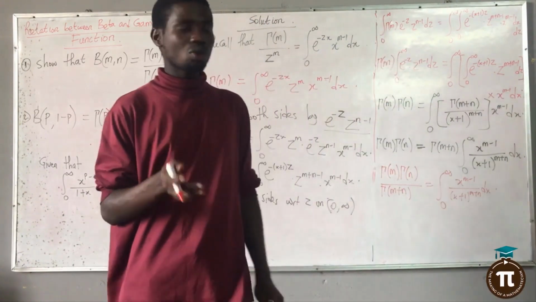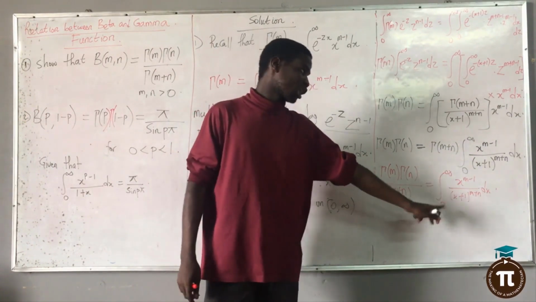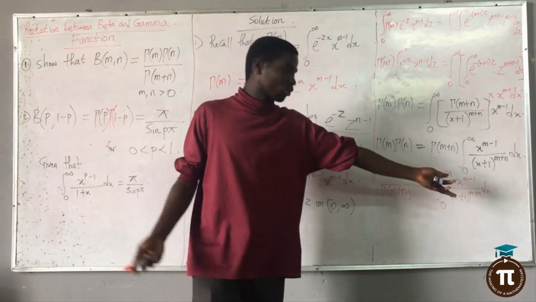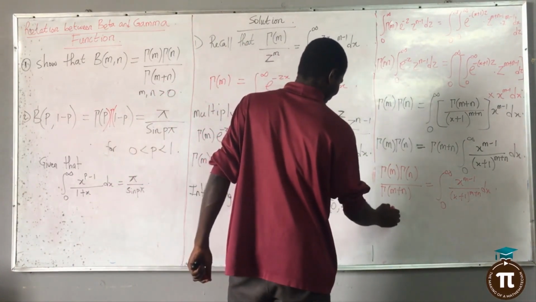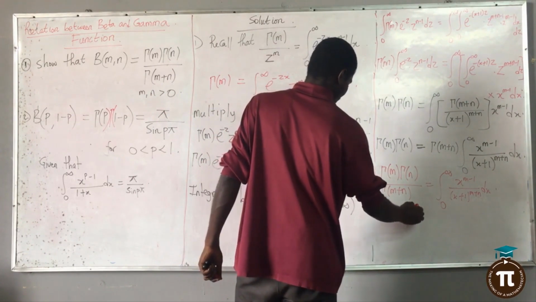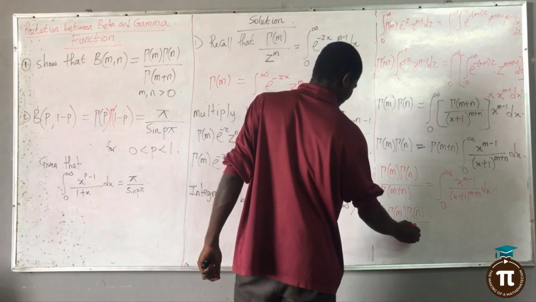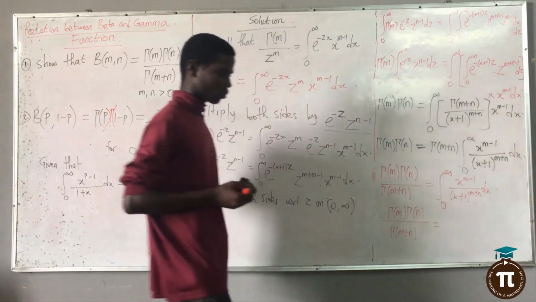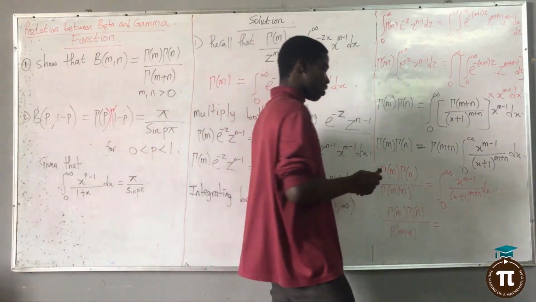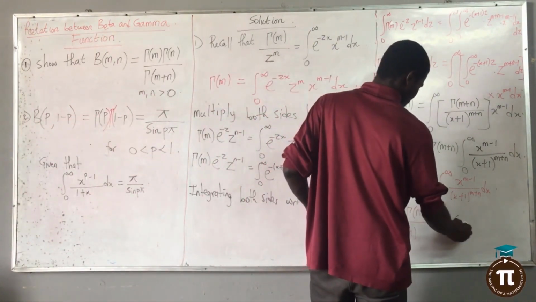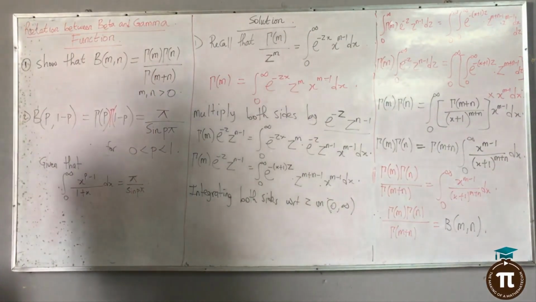If you look at form 2 of the transformation of the beta function, you will see that this is exactly beta of n comma n. So therefore, I have gamma of n over gamma of n plus n equal to beta of n comma n, and we have proved this one.